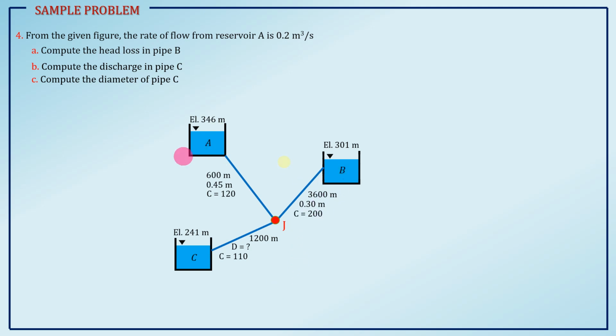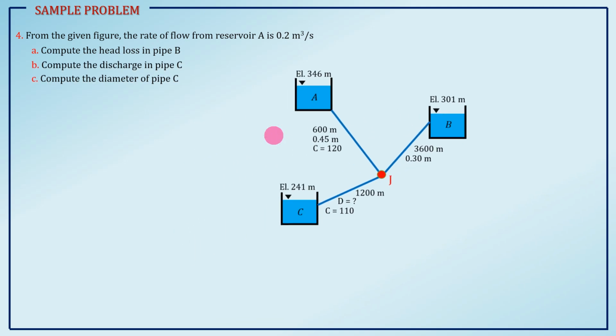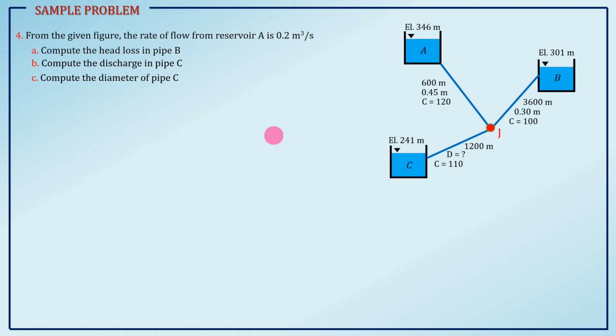So, analyze natin tong 3 reservoir natin, to calculate for the head loss, discharge, and diameter. First thing na kailangan nating malaman is the location of your J prime. Kapag nalaman mo na si J prime, maso-solve na natin yung hinahanap dito na head losses, discharge, and diameter. So, kailangan lang natin siyang i-consider.